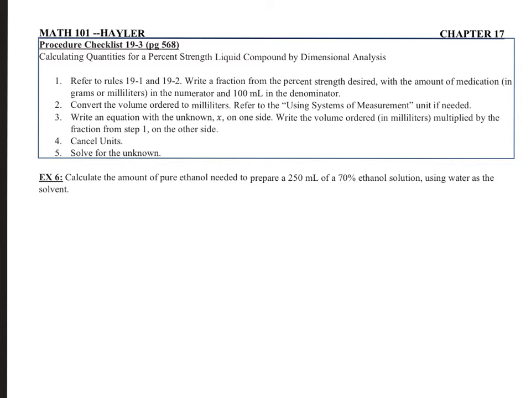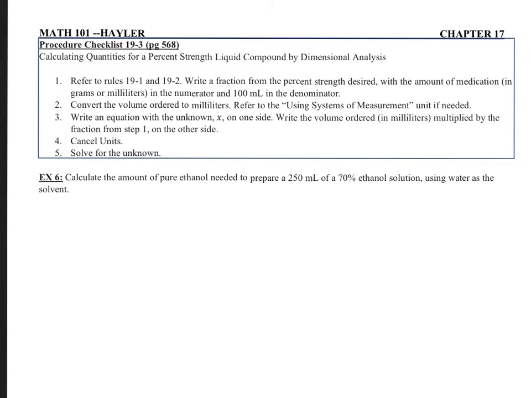And then for 3, we'll write an equation with the unknown x on one side, and then write the volume ordered in milliliters multiplied by the fraction from step 1 on the other side. So once again, we are using dimensional analysis to solve. Last step, cancel units and solve for the unknown. So we're given: calculate the amount of pure ethanol needed to prepare 250 milliliters of a 70% ethanol solution using water as the solvent.